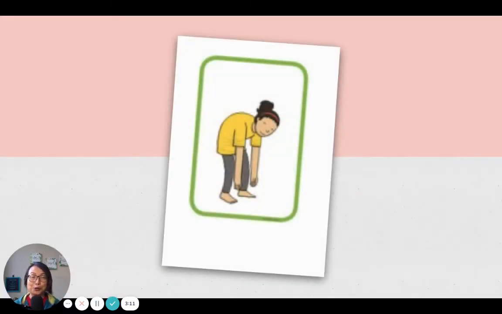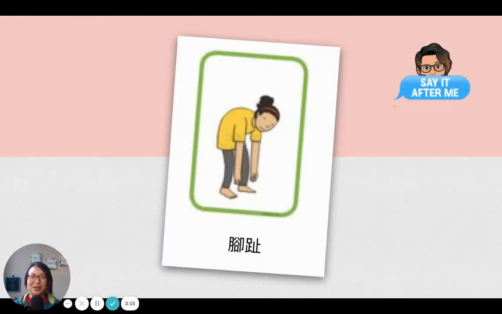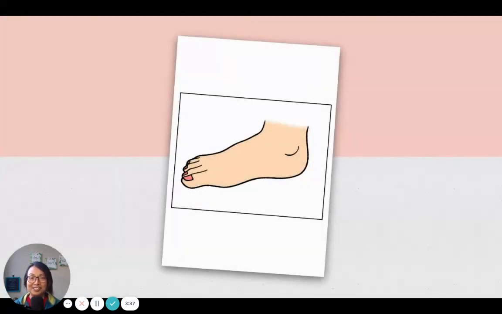The toes. Well, we say 腳趾 for our toes. Can you say it with me? 腳趾. Now, when we are saying the toes, it is part of our foot.